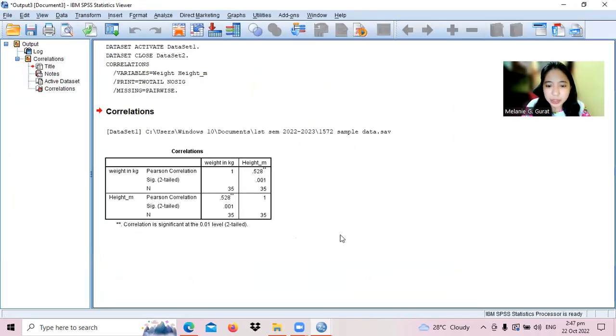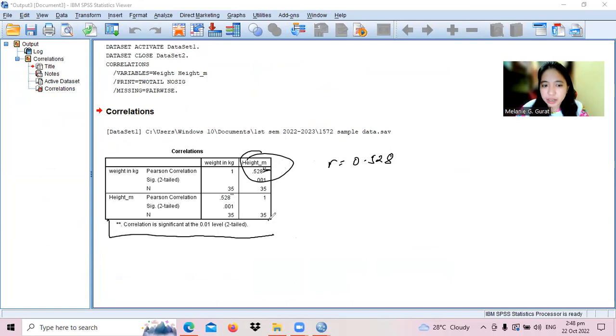So now what do we have here? This is now the result showing to us. We have to look at the value of r. So r is 0.528. We have here 2 asterisks and it's noted here that it means that it is significant at 1%. So it means that as x increases, y also increases.